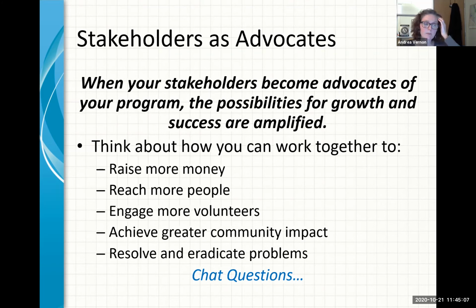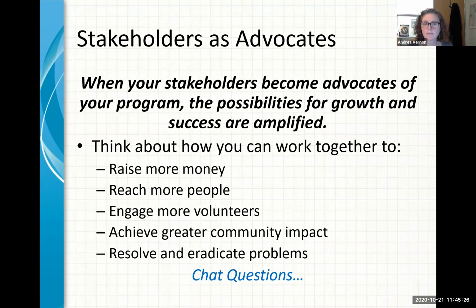So it's interesting to think about the possibilities that are out there when you are able to bring stakeholders together and collaborate and have reciprocal relationships. Think about how you are going to reach more people, reach more audiences, serve more people. How are you going to raise more money?